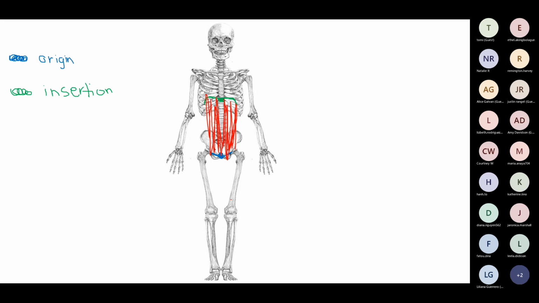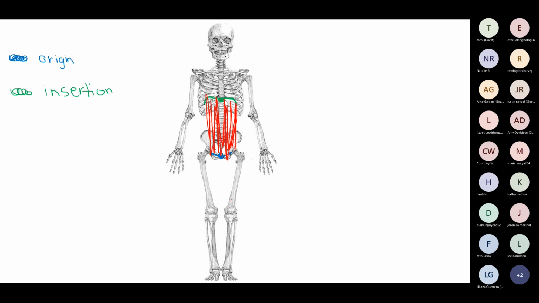The only way I can bring that insertion toward that origin is when I bend forward, when I'm bending toward my toes. What's moving is the rib cage, because that's the insertion. And the rib cage is moving forward.